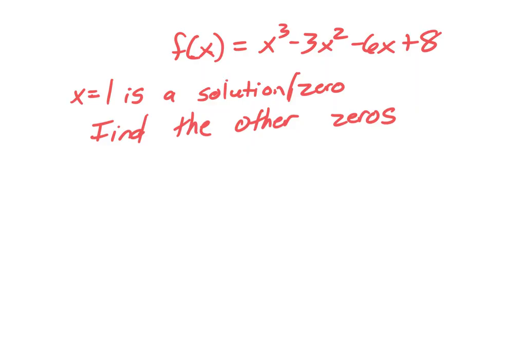So we're going to use synthetic division here. I'm telling you that x equals 1 is a solution of this polynomial. No doubt about it, it is. So we're going to go through synthetic division. I'm going to put a 1 in the box, not -1, because it's not a factor. It's just 1.